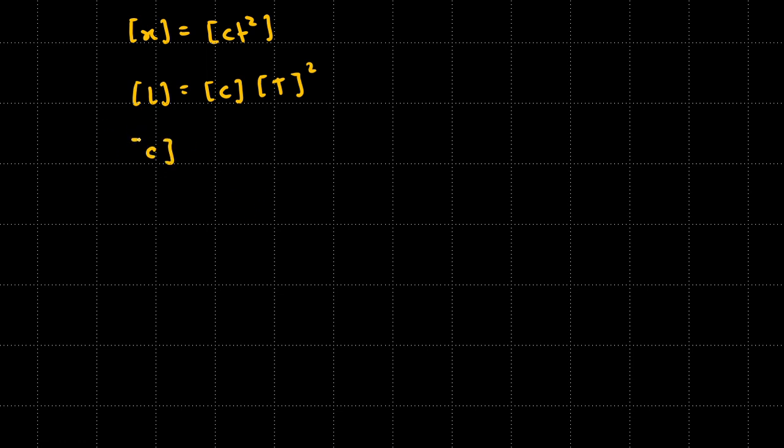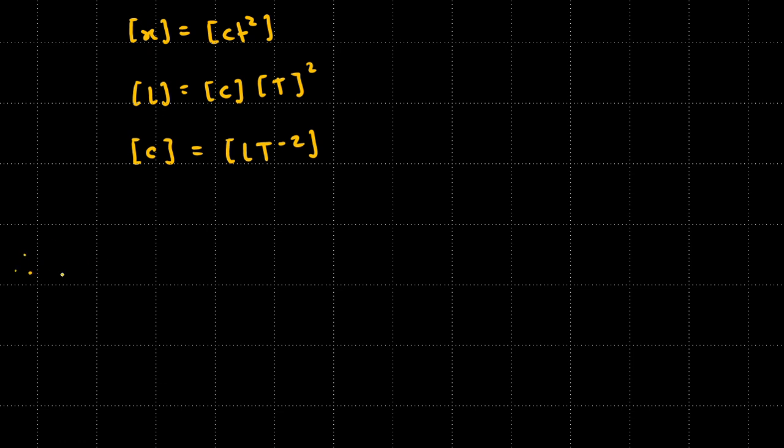Now we have the dimension of x must be equal to the dimension of ct squared. The dimension of x is L. We need to find the dimension of c. The dimension of t is T, which is squared. So now the dimension of c will be L T minus 2.